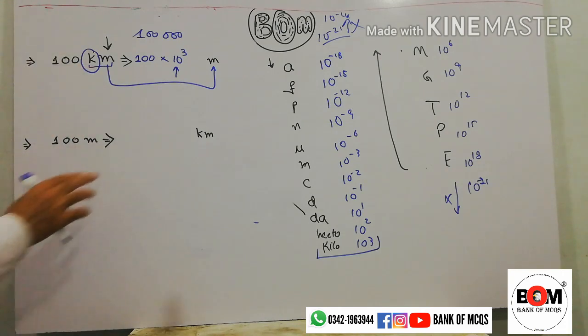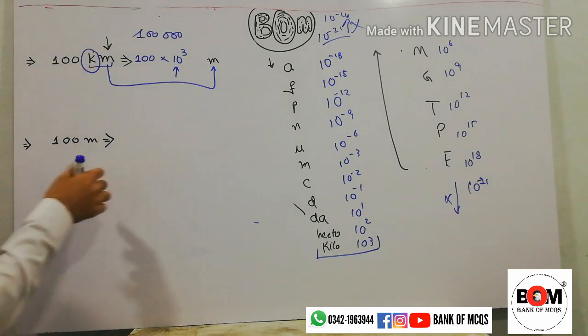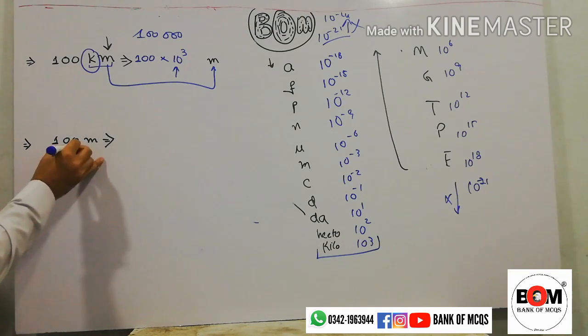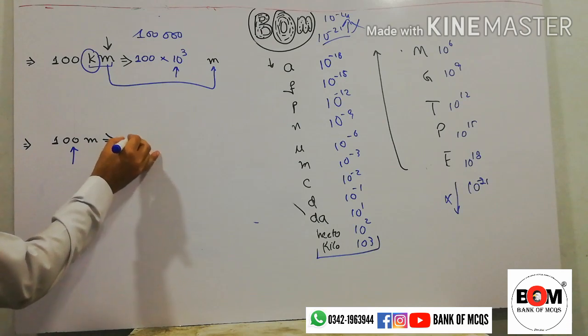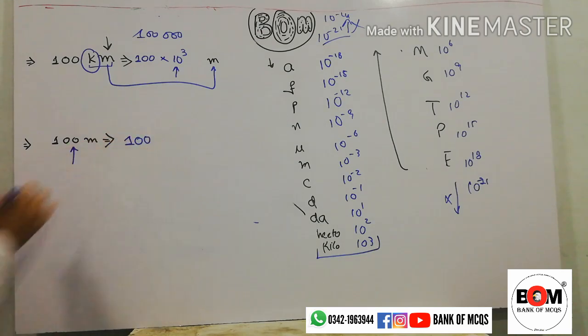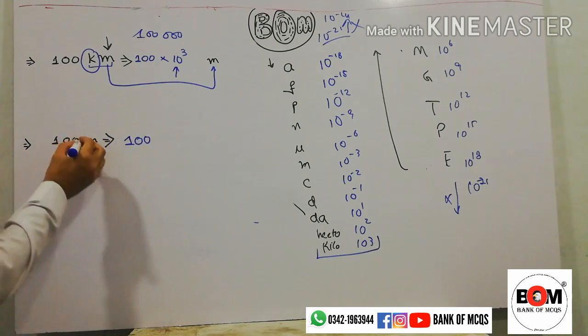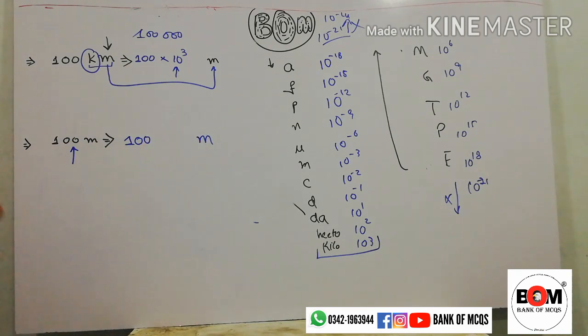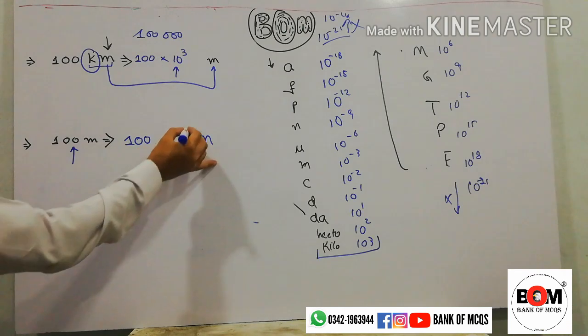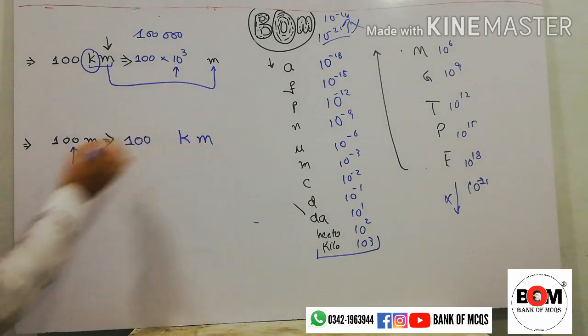The next case, if someone asks to convert this 100 meter into kilometer, they have given us 100. We don't need to deal with 100. The meter is given, and they have asked me to convert into kilometer. So here I need just kilo.